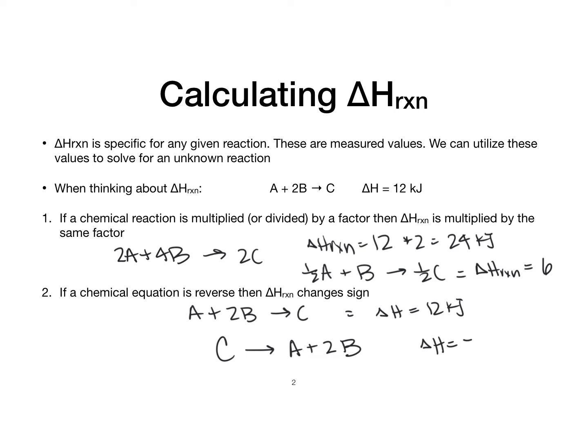So in this case, it'll be negative 12 kilojoules. So when we think about this, we can just change the sign in any way, shape, form, or fashion. So this is going to allow us to manipulate delta H reactions in order to use them.